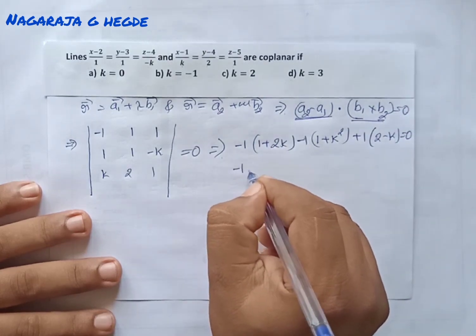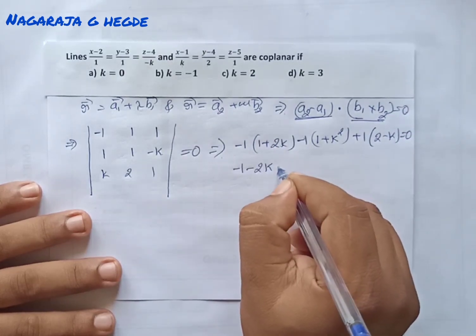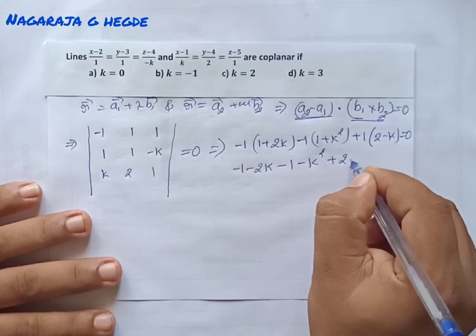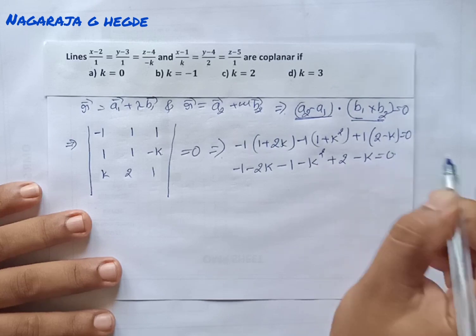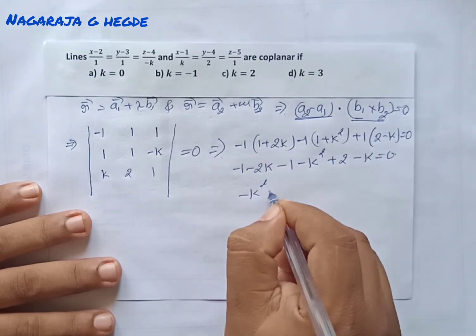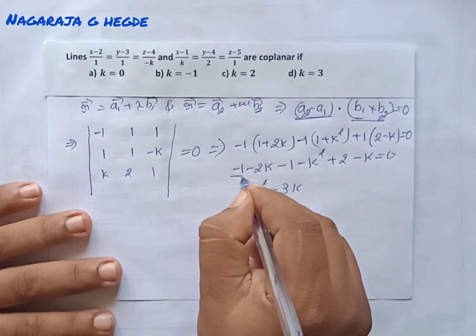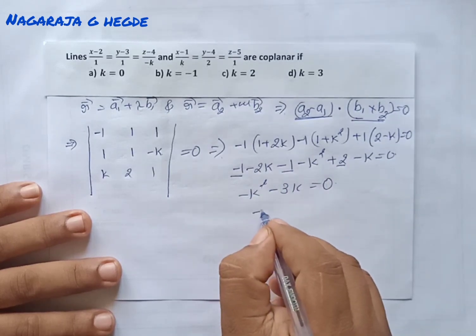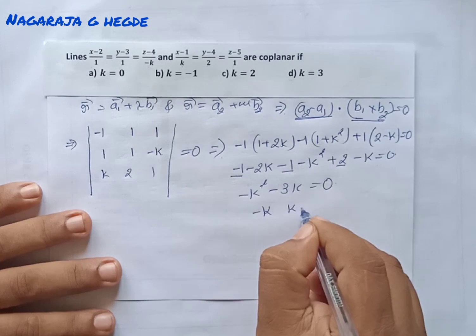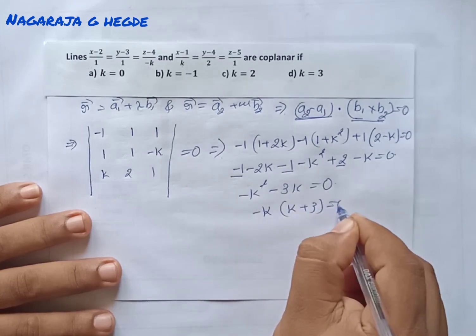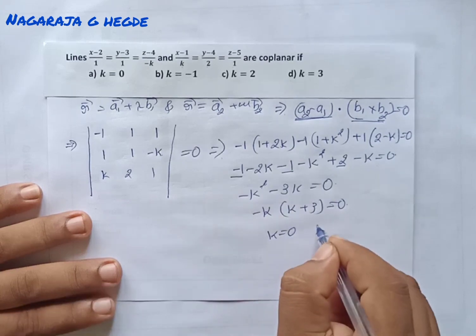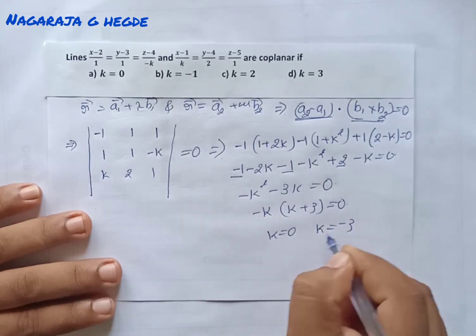Now simplify: minus 1 minus 2k, minus 1 minus k squared, plus 2 minus k equals 0. Minus k squared minus 3k minus 1 plus 2, equals 0. We can take minus k common and write k plus 3 equal to 0. So either k equals 0 or k equals minus 3.